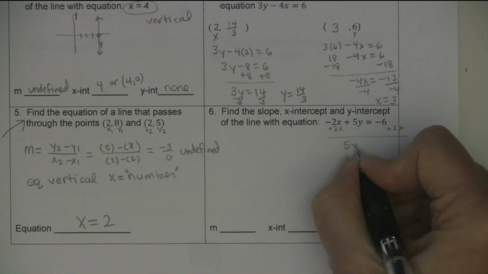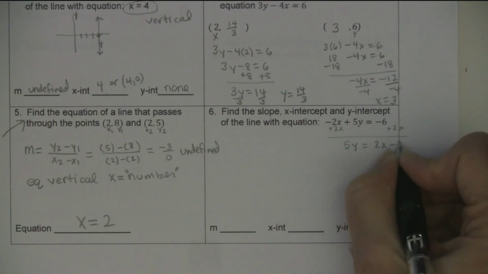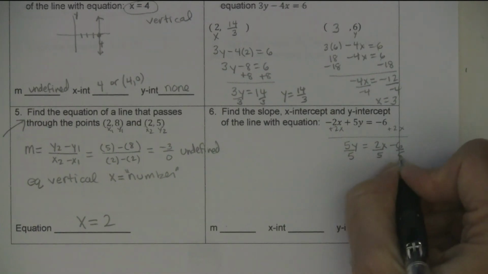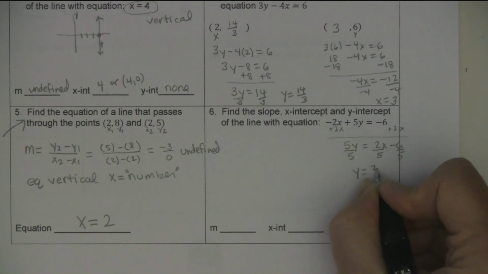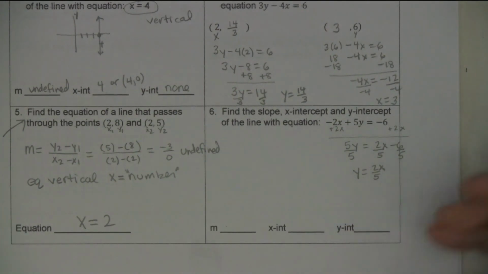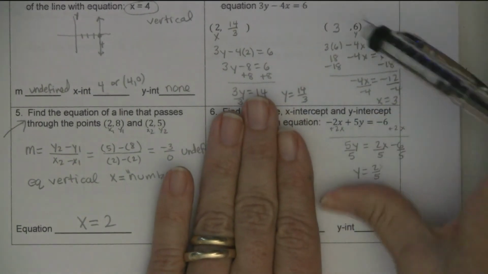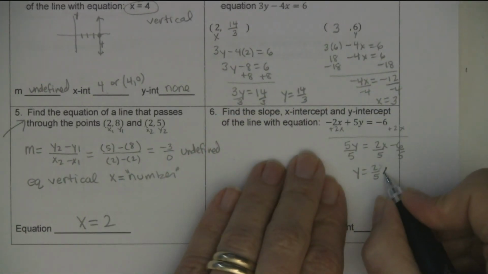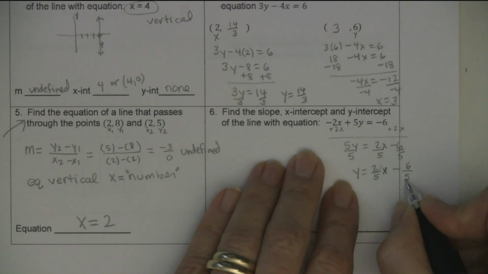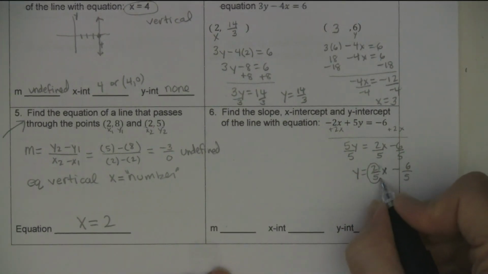So I get 5y equals 2x minus 6, dividing by 5 gives me y equals 2x over 5 minus 6 over 5. The x could be in the top or out to the side, either one is fine. So right here is the slope, 2/5.